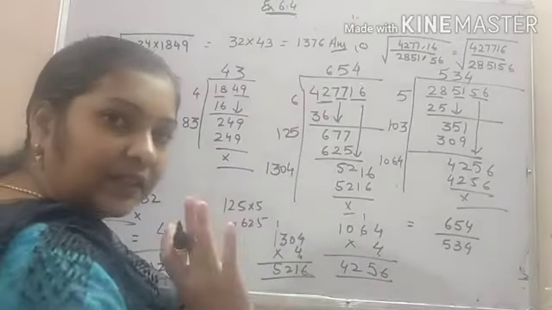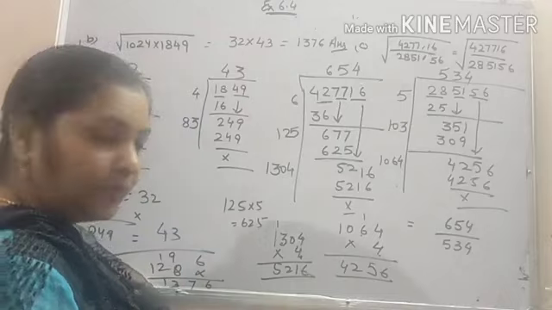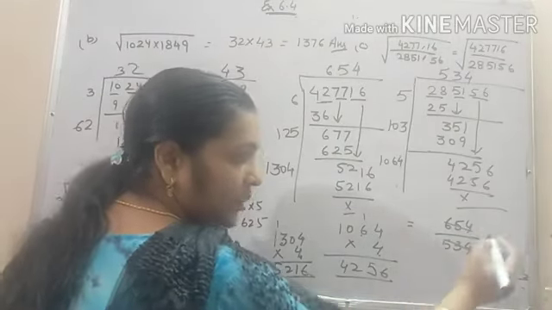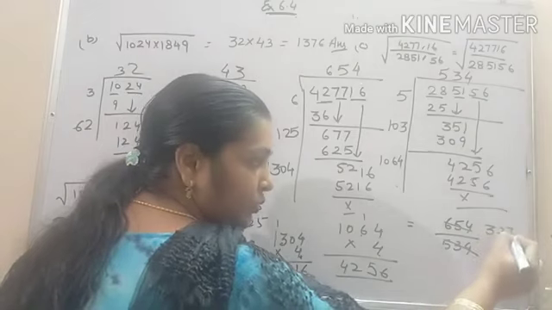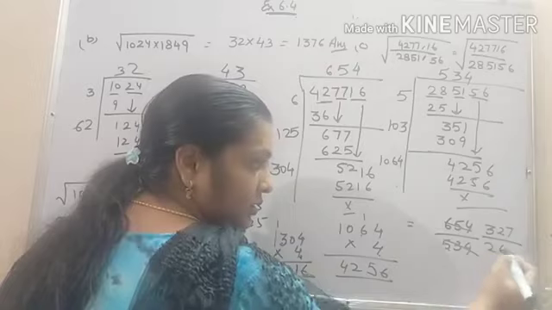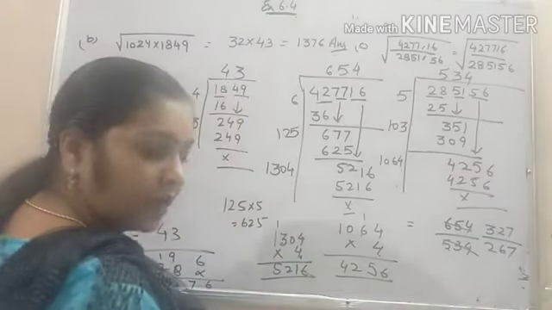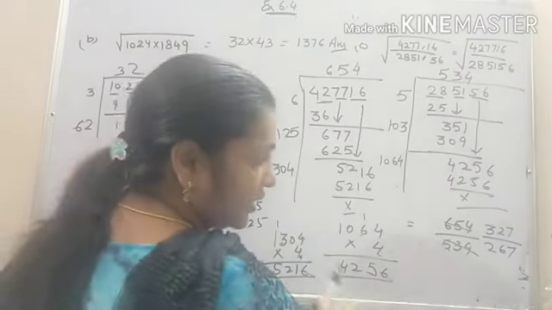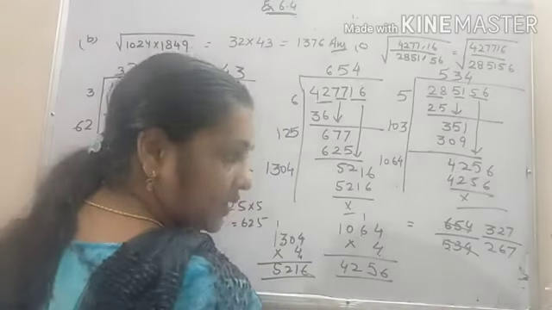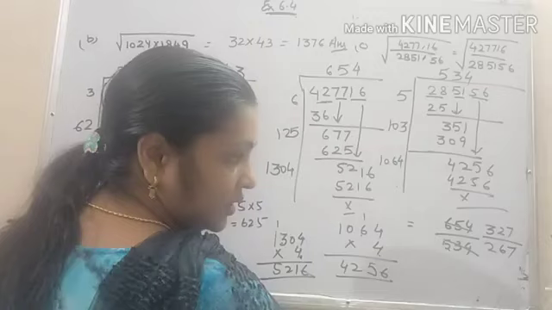Now you can see that this fraction is not in the lowest term and we need to solve it in the lowest term. Cancel it by 2. 327 and it will come 267. Okay. Now check whether it is possible to divide it by 3. Yes, it is. Isn't it so?